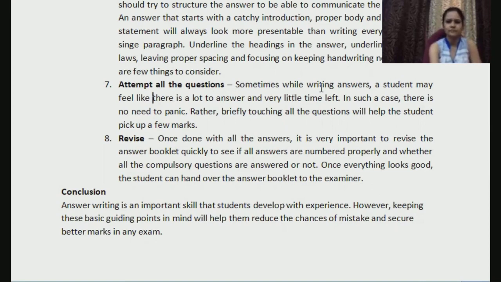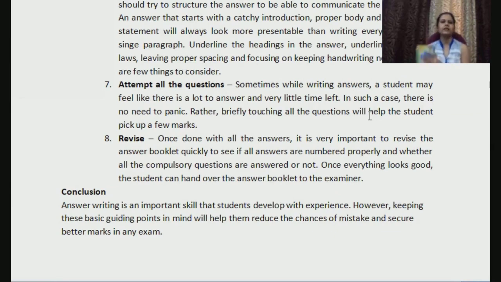Sometimes while writing answers, a student may feel there is a lot to answer and very little time left. In such cases, there is no need to panic. Rather, briefly touching all the questions will help the student pick up a few marks. In subjective questions, no matter how nicely and properly you write one question, no one is going to give you 10 out of 10.